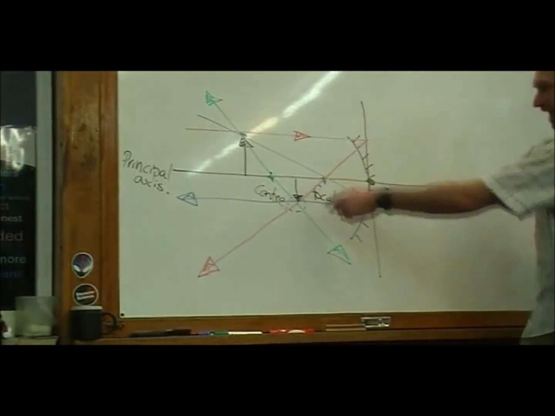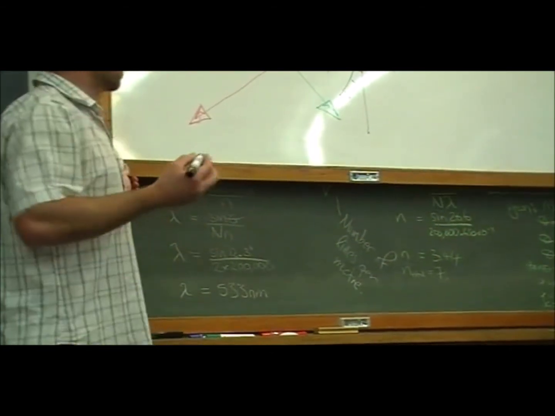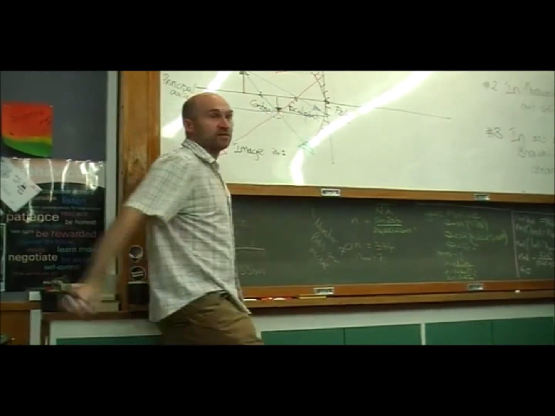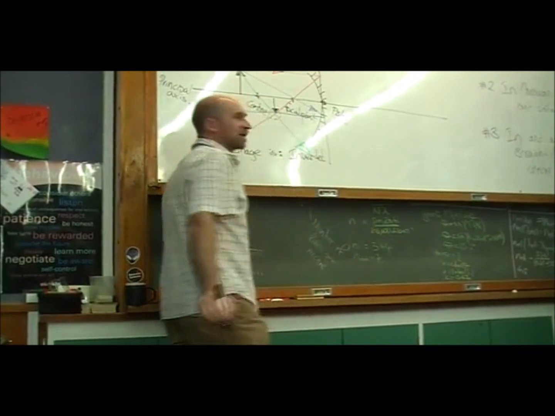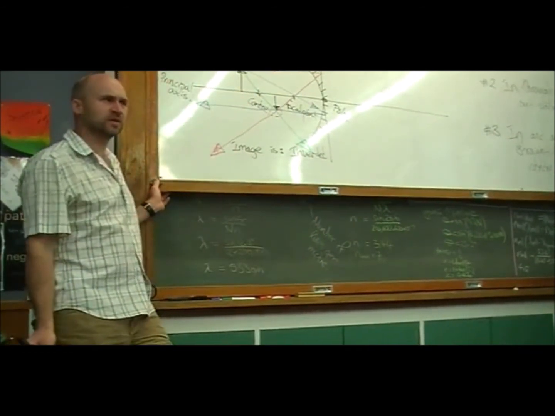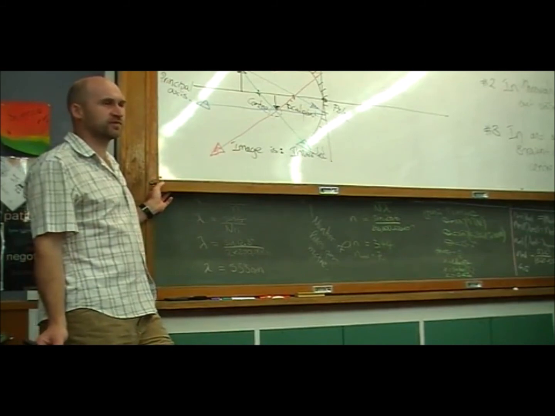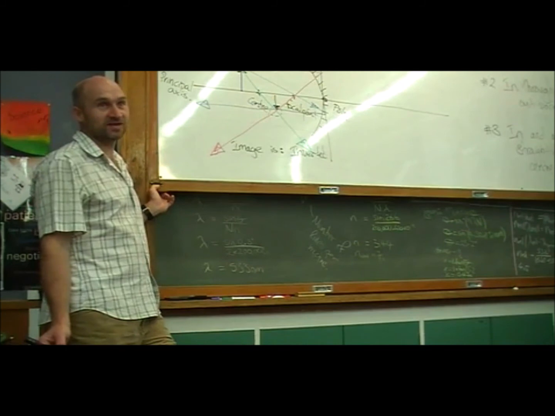Looking at this diagram, we can see three things about our image. We can see that it's inverted, it's upside down. What can we see about the size of it? Small. Smaller. What's a physics word for smaller that starts with D? Diminished.